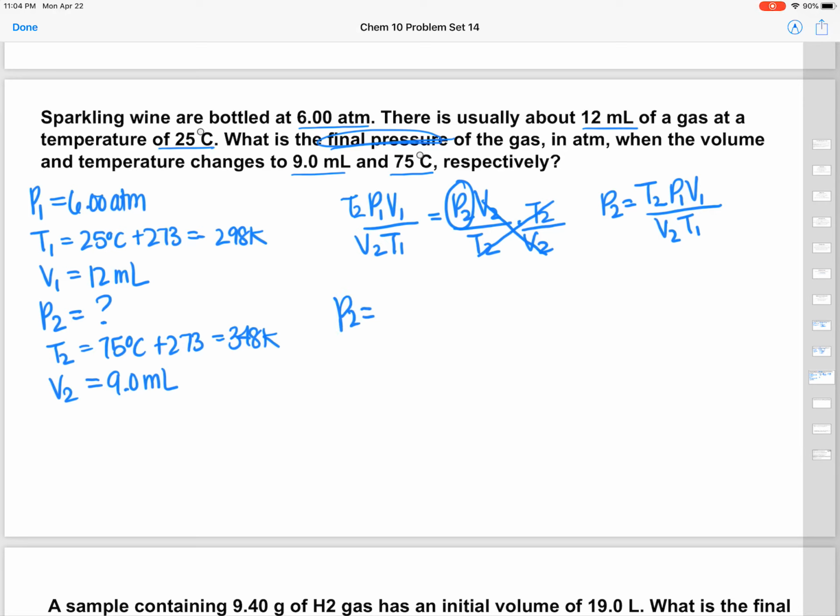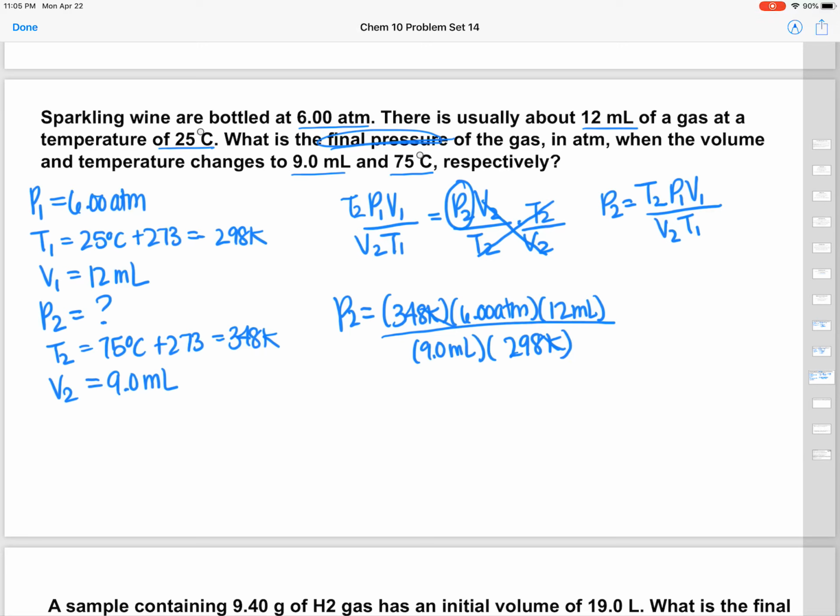Let's plug everything in. Okay, so we've got P2 is equal to 348 Kelvin times our P1, which is 6.00 ATM, and our V1, which is 12 milliliters, all over V2, which is 9.0 mLs, times our T1, which was 298 Kelvin.